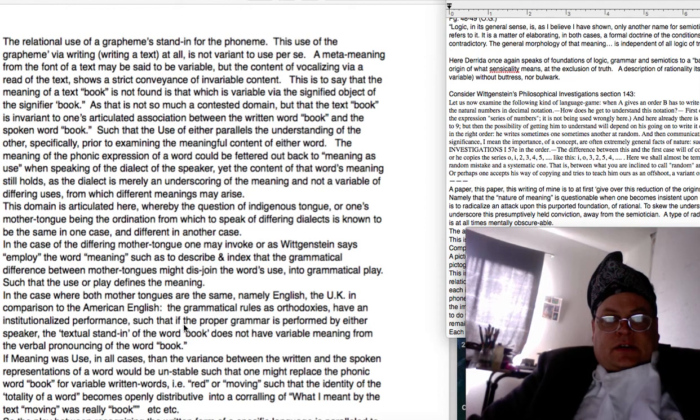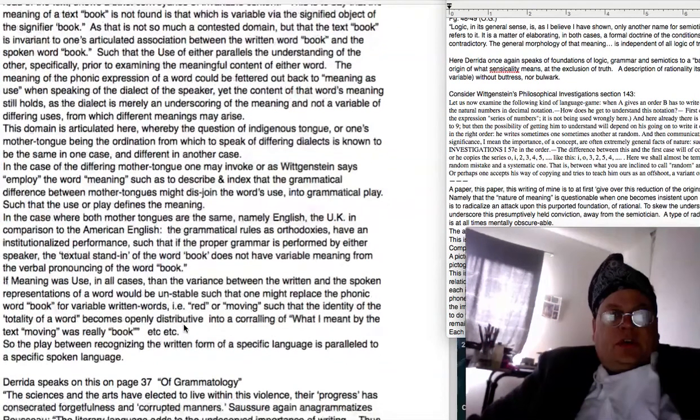That is not so much a contested domain, but the text book is invariant to one's articulated association between the written word book and the spoken word book, such that the use of either parallels the understanding of the other, specifically prior to examining the meaningful content of either word.